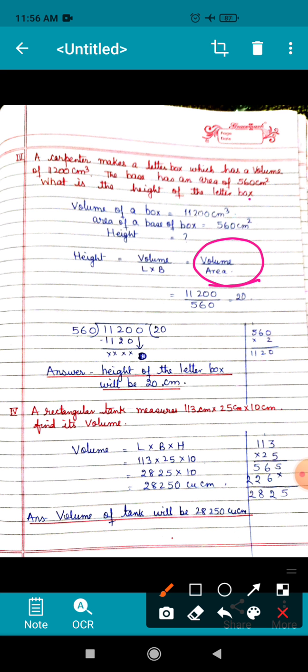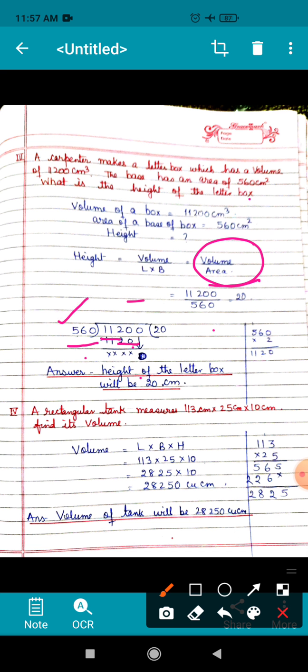Volume of a box is 11,200. Area of a base box is 560. So when you will divide, I told you how can you divide big numbers. So here 3 digits, you will take 3 digits, but you can see 3 digits are smaller than the outer 3 digits, so you will take 4 digits number.